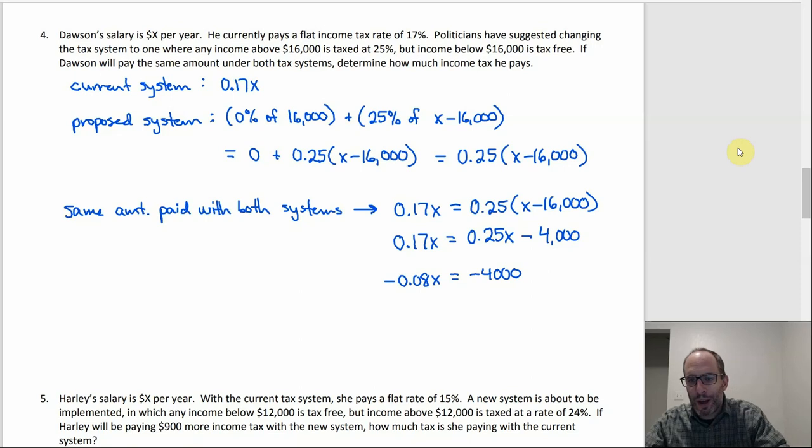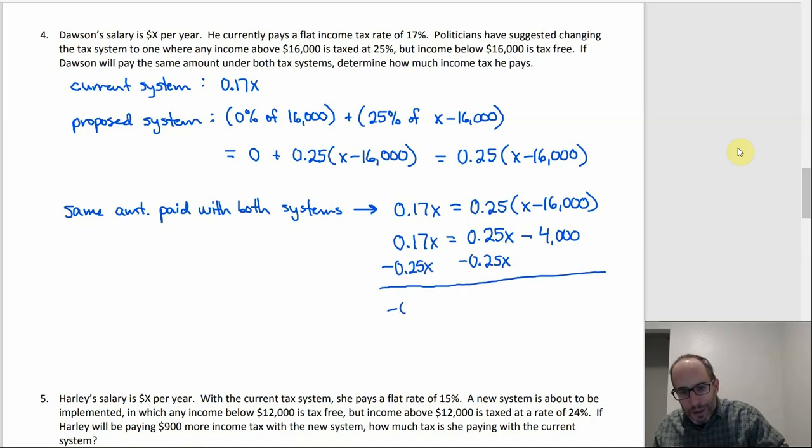I was skittish because I didn't think I had enough room, but now I do. And it feels weird not to write in that step all the way. So minus 0.25x, and on the other side, minus 0.25x. All right, now negative 0.08x equals negative 4,000.